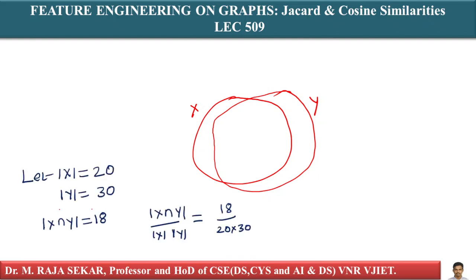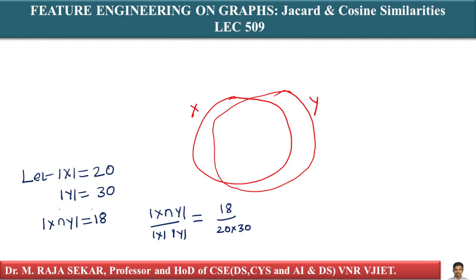Let's assume the number of elements in x is 20, in y is 30, and in x intersection y is 18. So the cosine similarity is the number of elements in x intersection y divided by the square root of the number of elements in x times the number of elements in y. So this is larger when there is a large overlap.